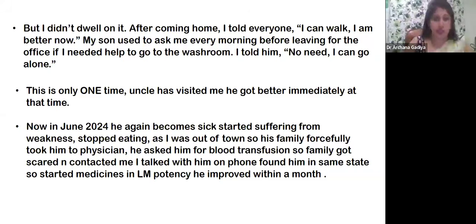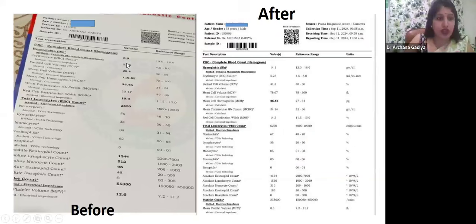So we'll see those reports. These were the previous reports before treatment. The hemoglobin was down to 6.9. All the other counts were low: platelets, WBC, RBC, all the counts were low at the time.